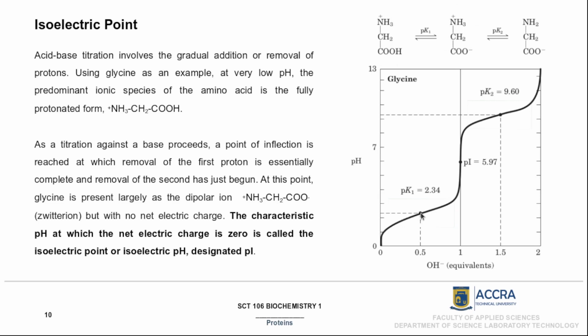Now, as the titration proceeds further, the zwitterion donates another proton from the amine group to give you the negative species of amino acid in solution, because the proton is donated from the protonated amine group, becoming neutral, and the carboxyl group remaining negative, so the product has a net negative charge.